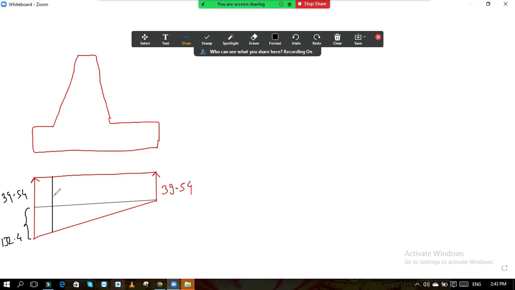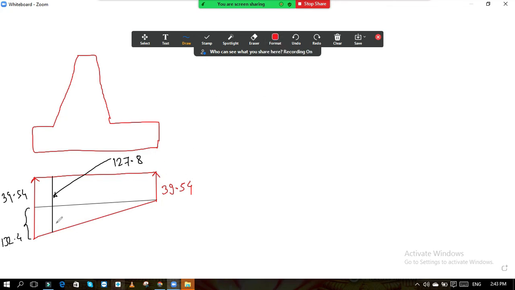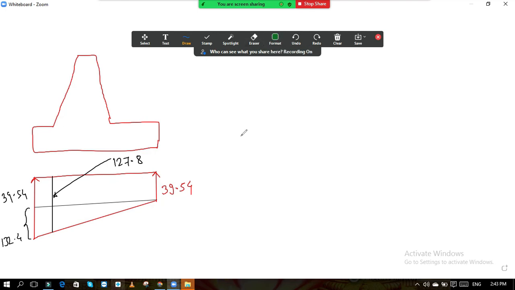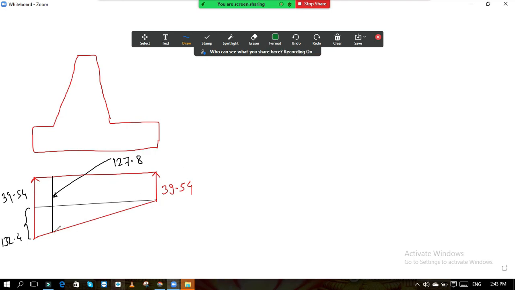So this total ordinate is 127.8. Okay. So now if I drop the perpendicular from this point, this is the perpendicular.